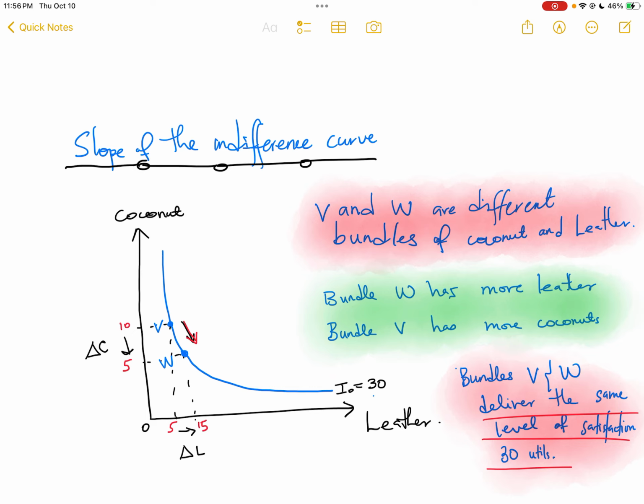When we move from bundle V to W, we lose coconuts. In fact, we lose 5 coconuts. We give up 5 coconuts and we gain 10 units of leather.